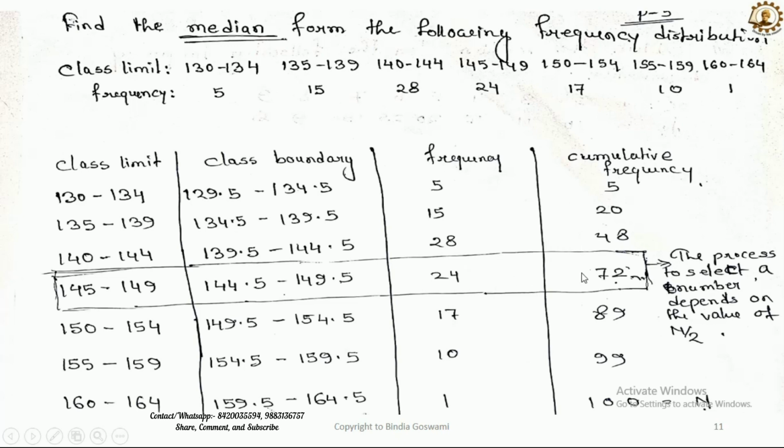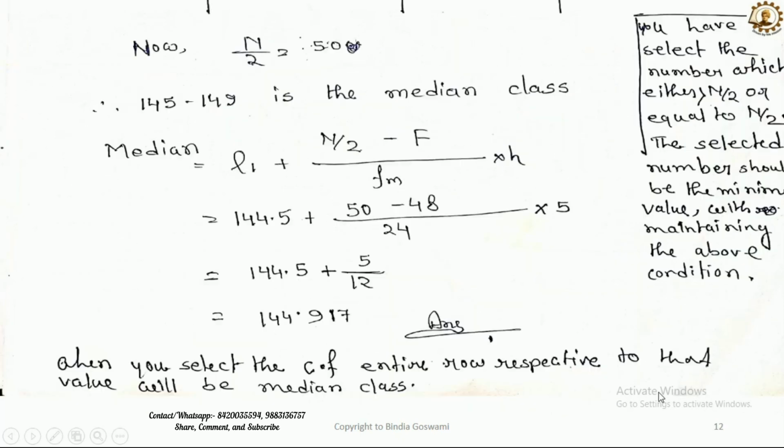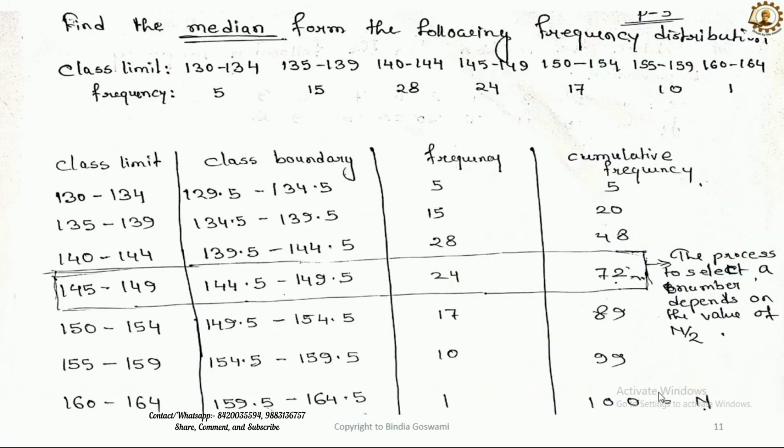Next, 48 plus 24 is 72. The process to select a number depends on the value of n by 2. Here the cumulative frequency total is 100.